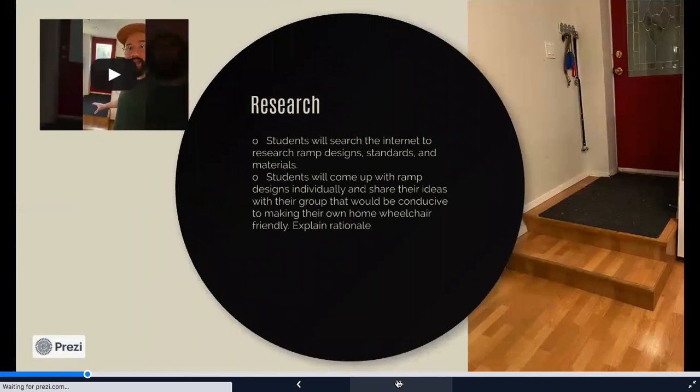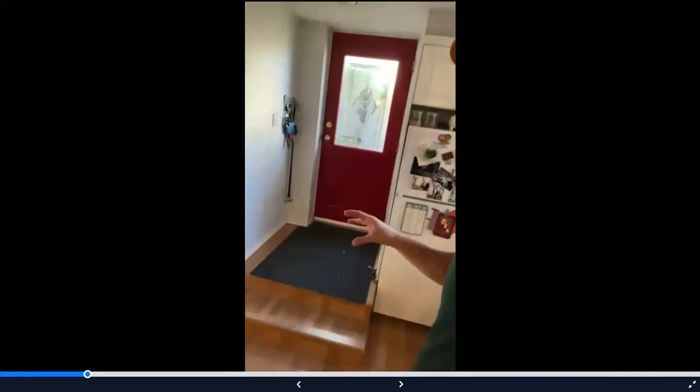The research step is foundational to the engineering design process. So the purpose of this assignment is to determine whether your home or an area around your school is wheelchair accessible or not. So for this engineering design process, our group is determined to build a prototype for this front entrance in my home.